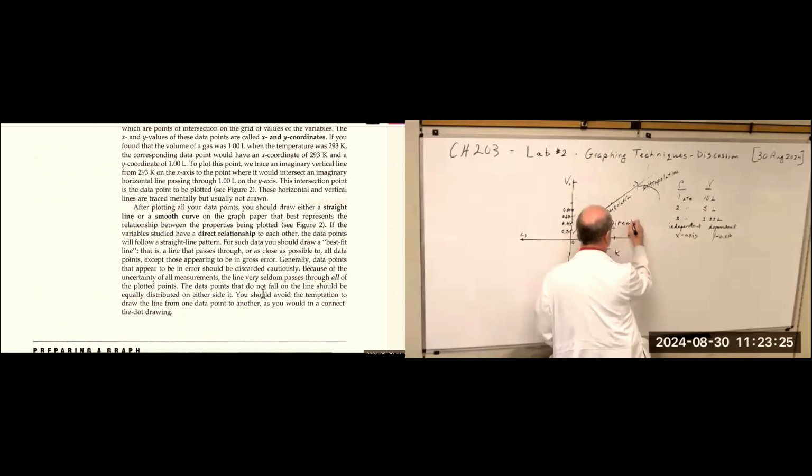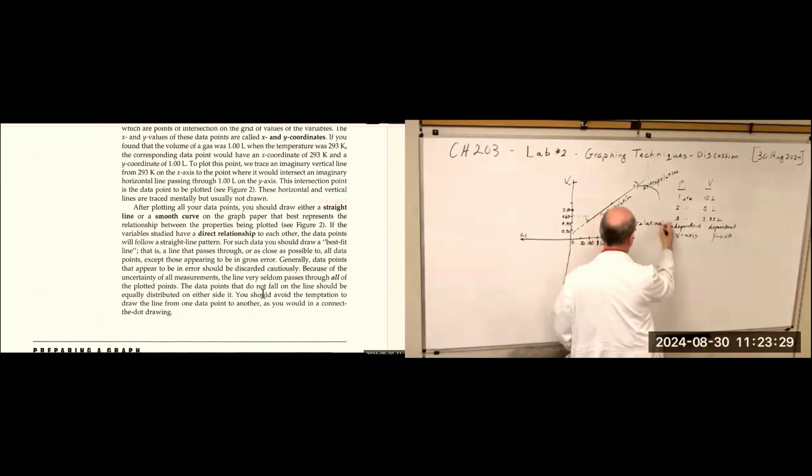So when the line moves this direction, lower left to upper right, that's known as a positive slope. And that's a direct relationship.